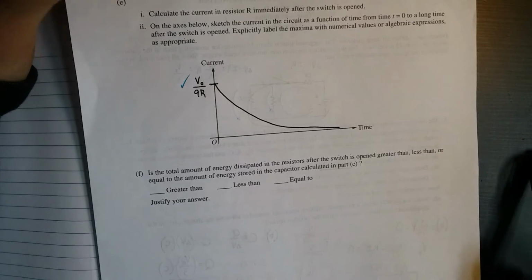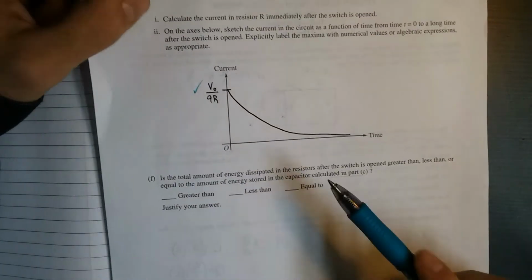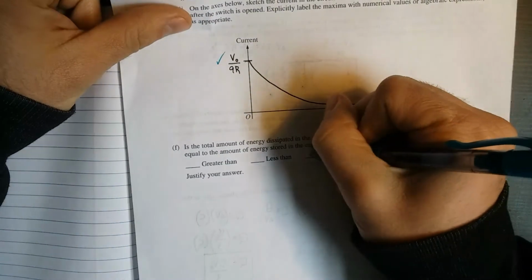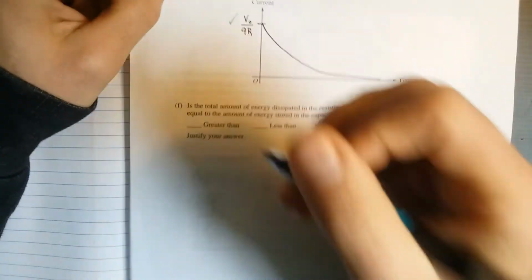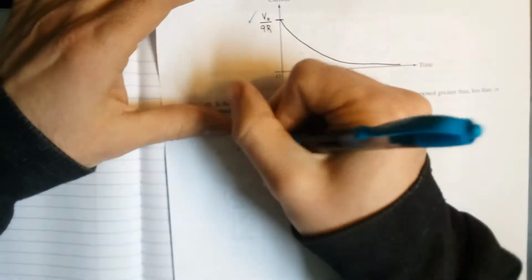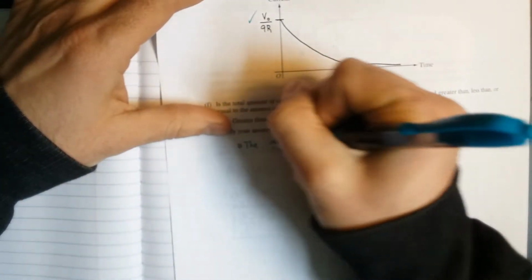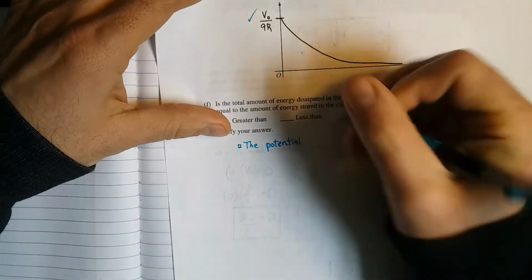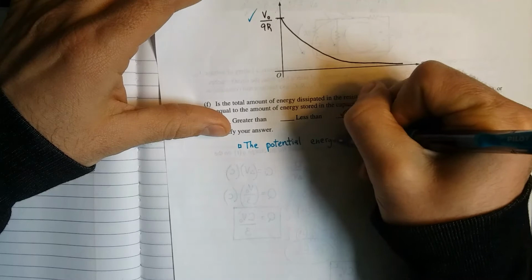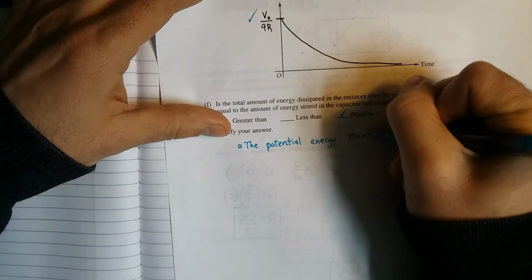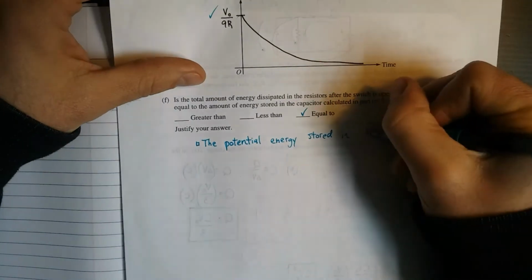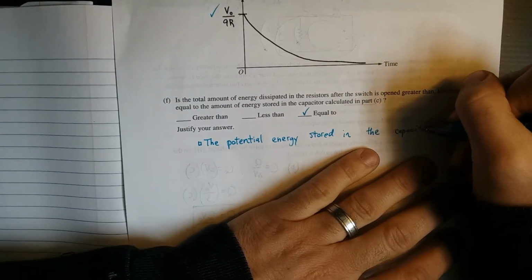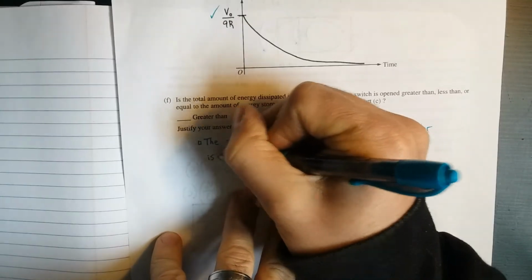Because some people said, if you said equal to, your thought is that the potential energy stored in the capacitor, sorry for the shadow, is converted to heat energy.